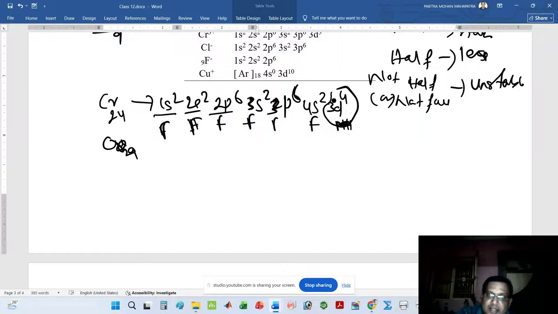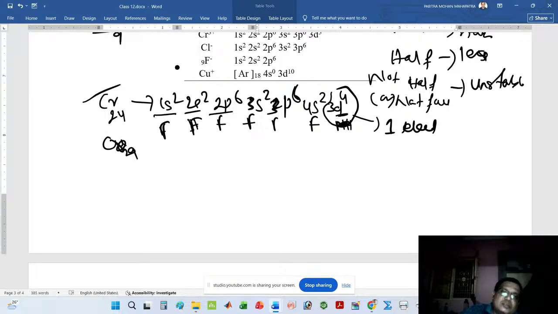Now look at that: this orbital is unstable due to lack of one electron. If it gains one electron from another orbital, it completes the half fill and is added to the stability list.